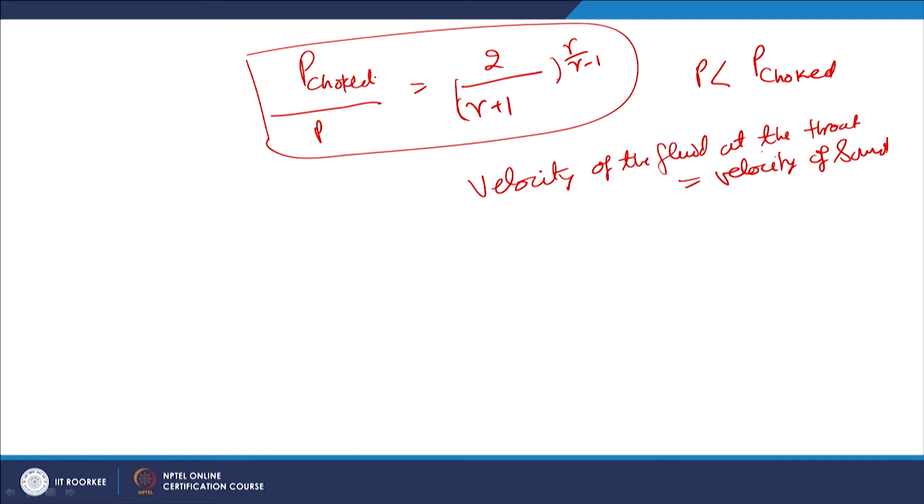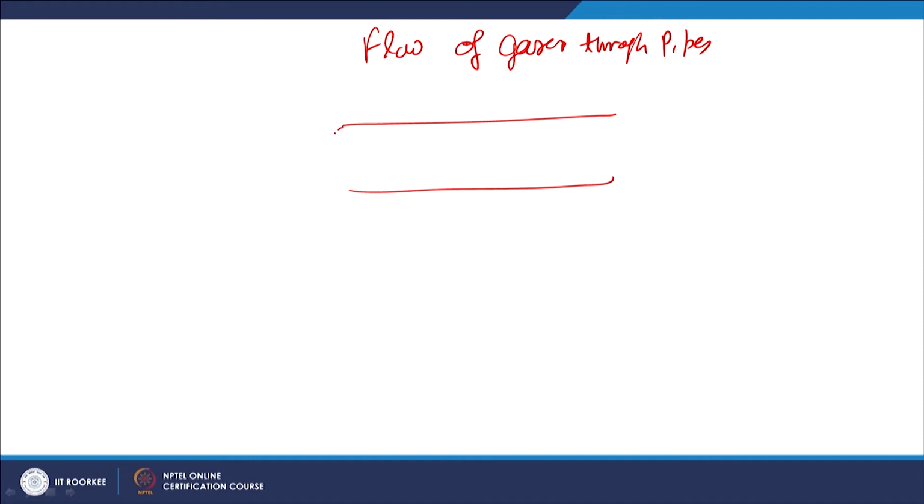Now in the next aspect we will consider the flow of gases through pipes. Here we are having a pipe like this. Here the initial conditions are P1, T1, U1, Ma1 and Q is equal to 0.